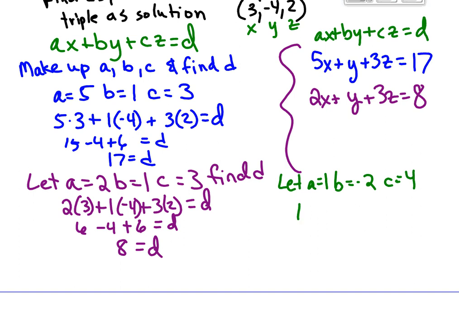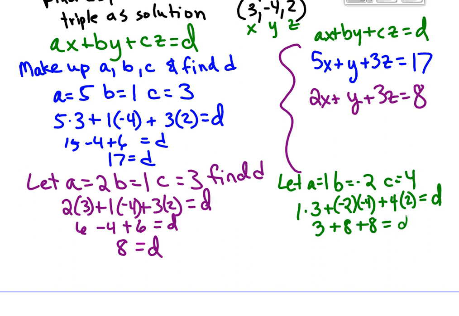So AX is 1 times 3 plus BY is -2 times -4, and plus CZ, which is 4 times 2 is equal to D. And then in this one, I get 3 plus 8 plus 8 is equal to D. And so 19 is equal to D.